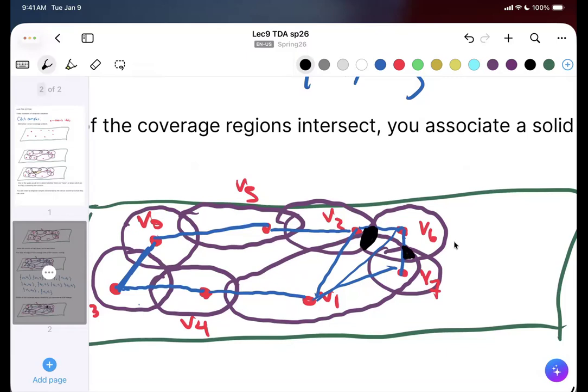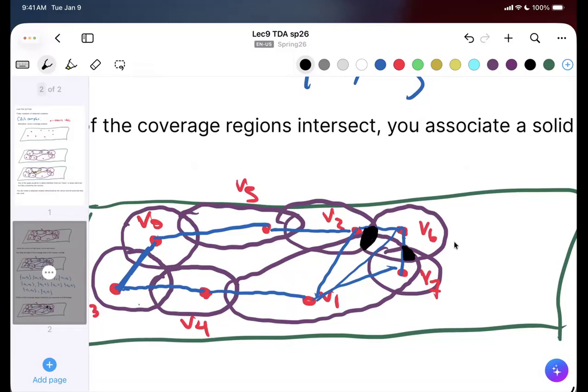I'm coloring the triple overlap. Those things that I shaded in black, that is where there are three intersections at once, right?